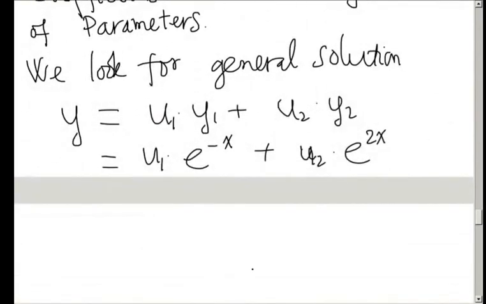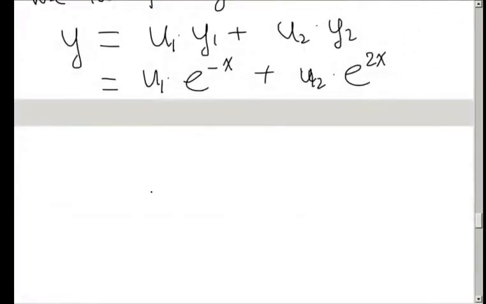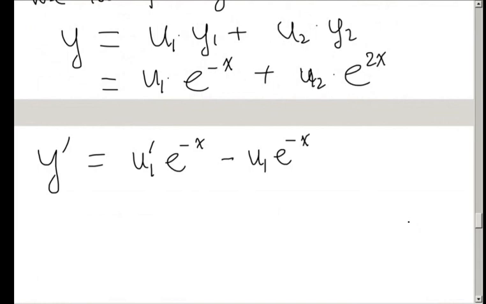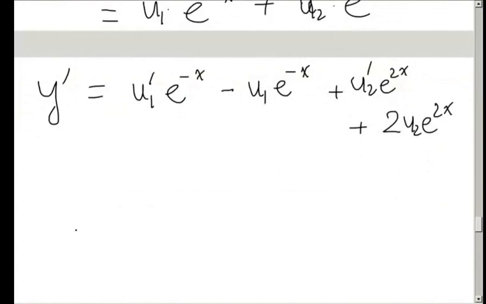Now in the solutions that I provide on Blackboard, I use v1 and v2. It doesn't matter, you might use v1, v2 or u1, u2, as long as we know that those two are functions. Now we take the derivative using the product rule again. We will have u1 prime e to the negative x, and the derivative of e to the negative x gives a minus sign, so minus u1 e to the minus x, plus u2 prime e to the 2x plus 2 u2 e to the 2x. And then we create our first equation.